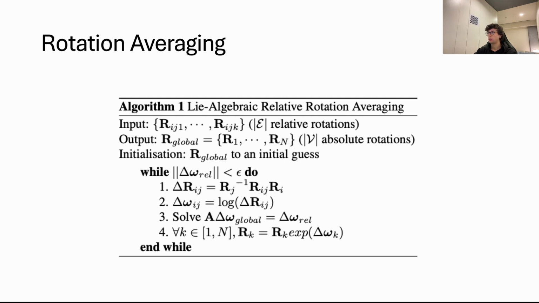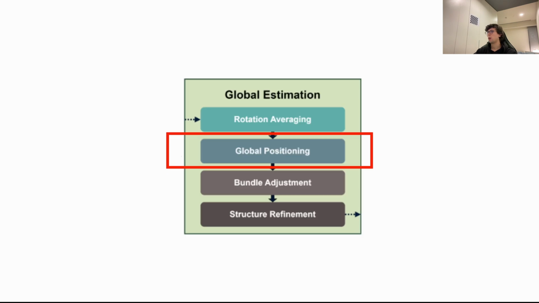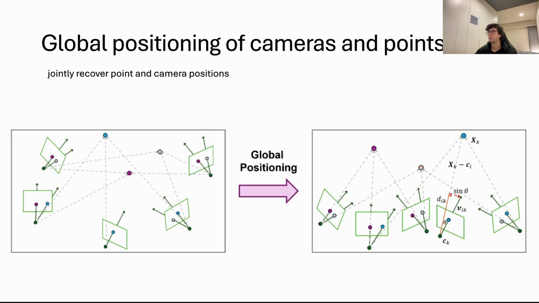And then they solve this, and then for every k they go back to R_global, back to the Lie group by exponentiation, and then they perform this operation in the Lie group, because this is only possible in the Lie group. Then we have the global position. So this is actually the main point that is introduced from this paper.